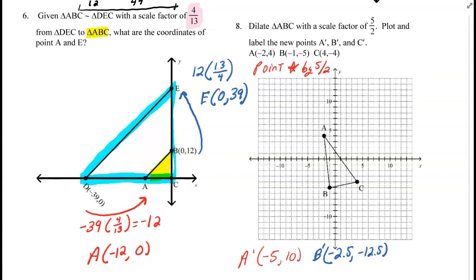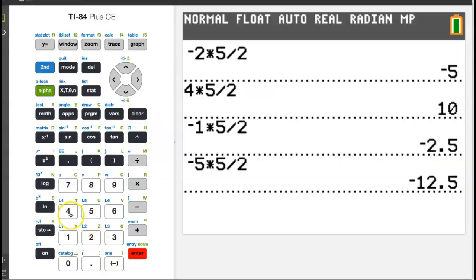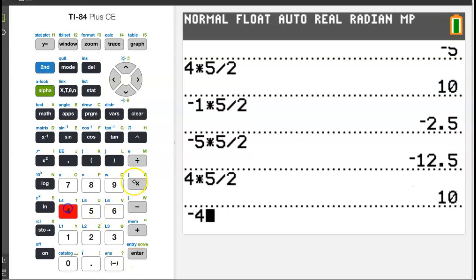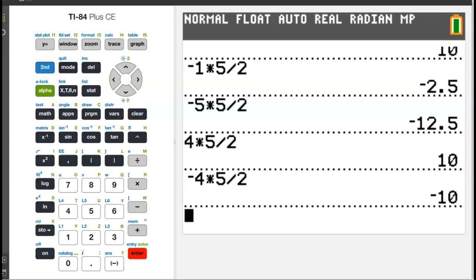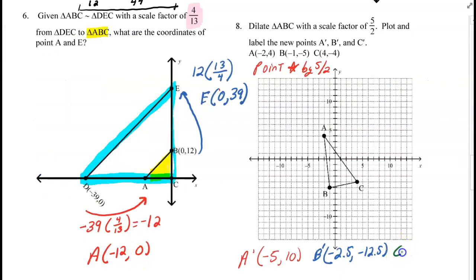And then the last point, we're going to take 4 and multiply by 5/2, and negative 4 and multiply by 5/2, and you get 10 and negative 10. So C prime is 10, negative 10.